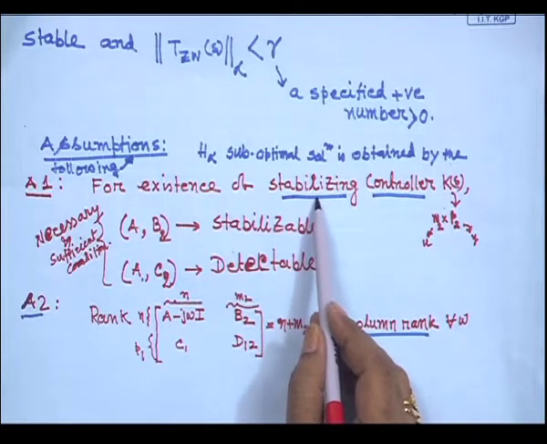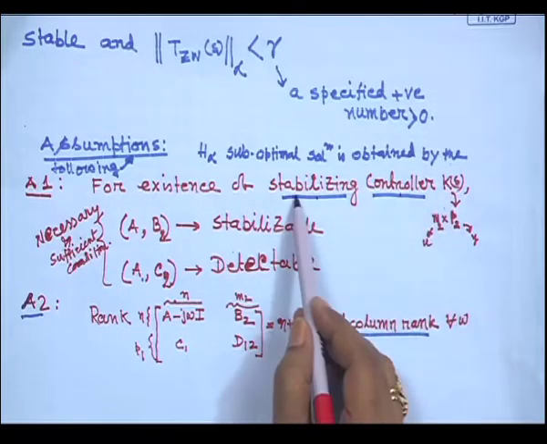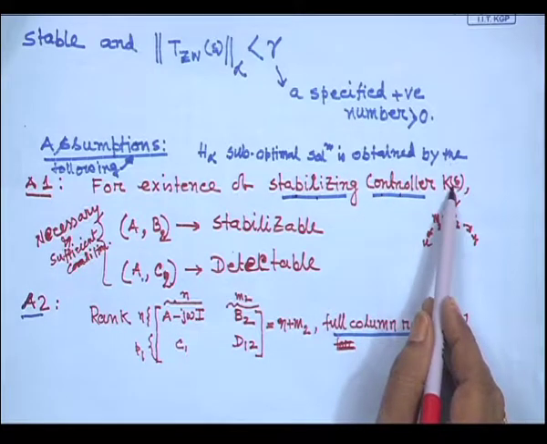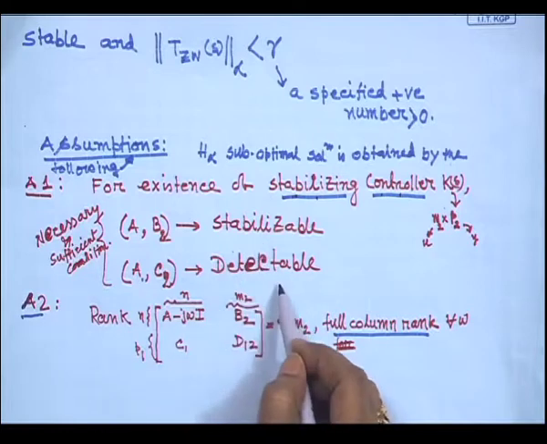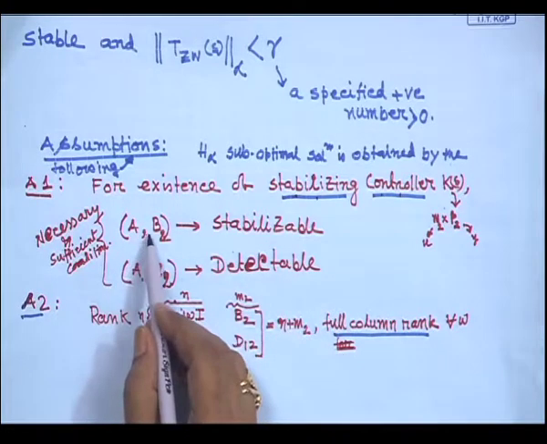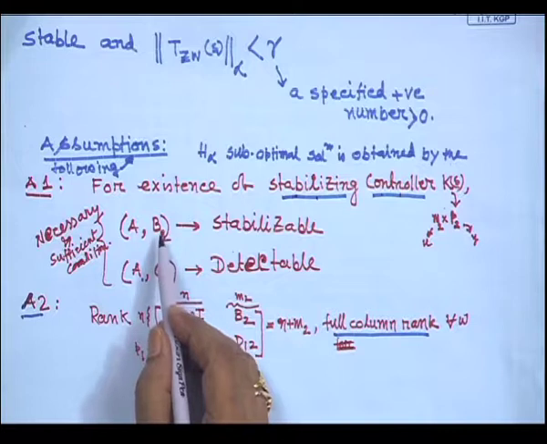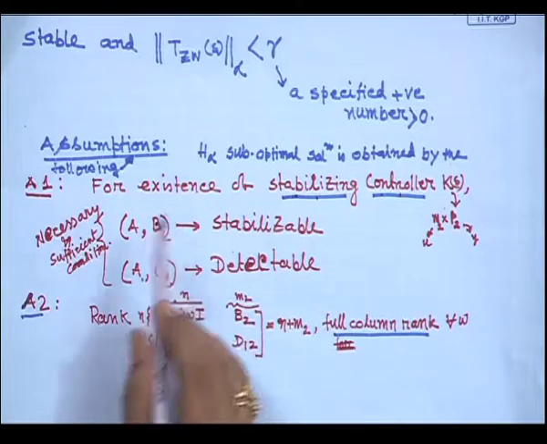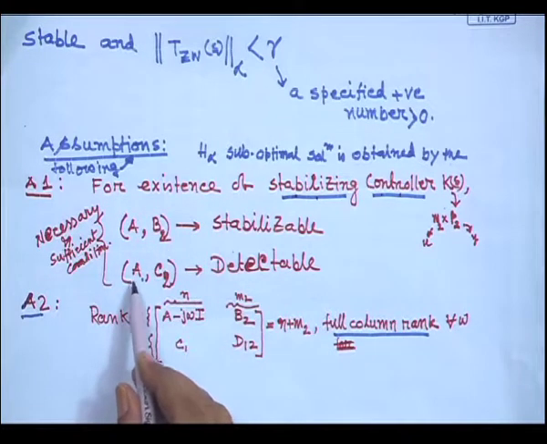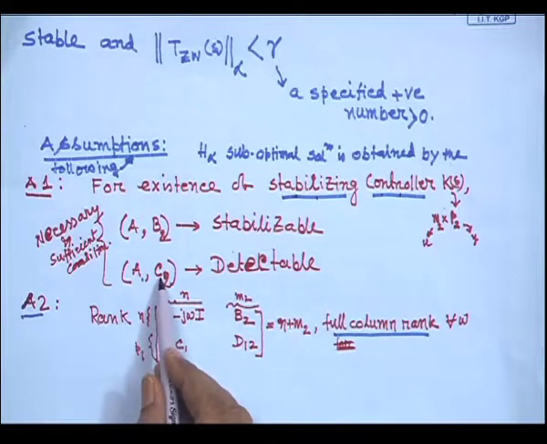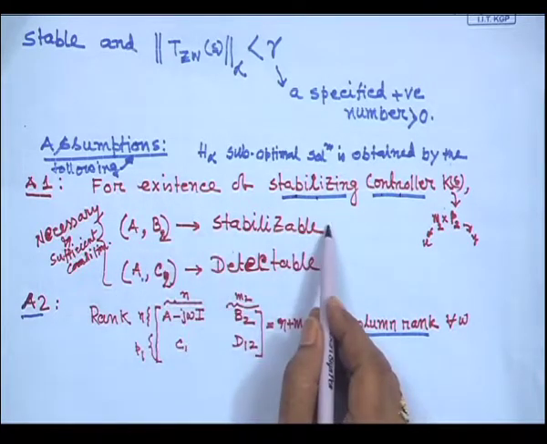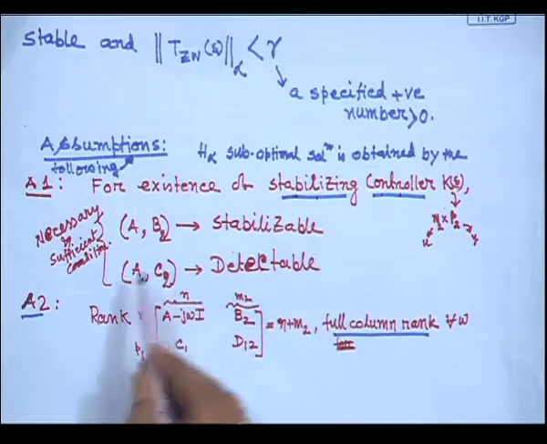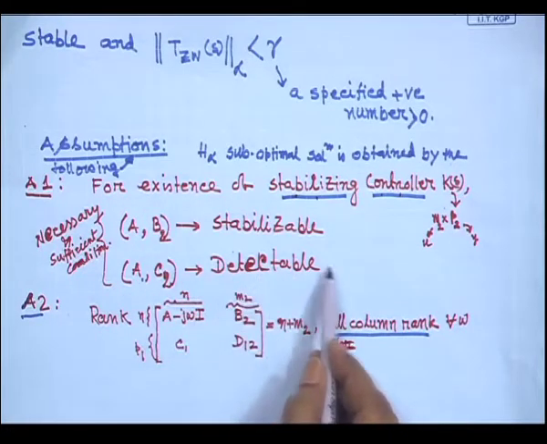to obtain a stabilizing controller K(s), the necessary and sufficient condition is these two: the pair (A, B2), where B2 is associated with U in the state equation, and C2 is associated with the output equation. So, (A, B2) must be stabilizable and (A, C2) must be detectable.